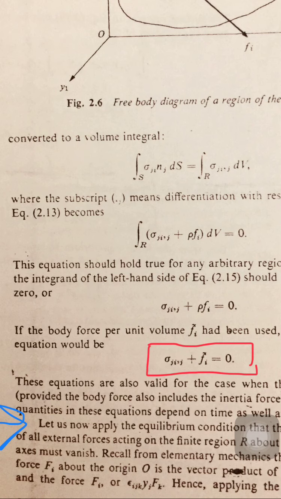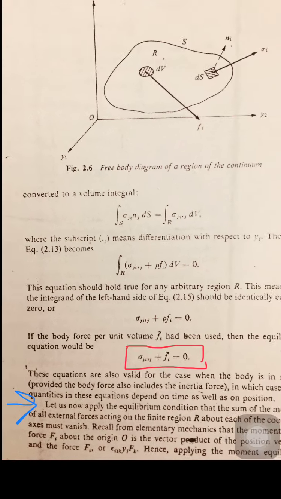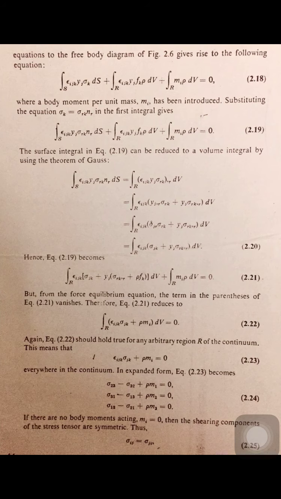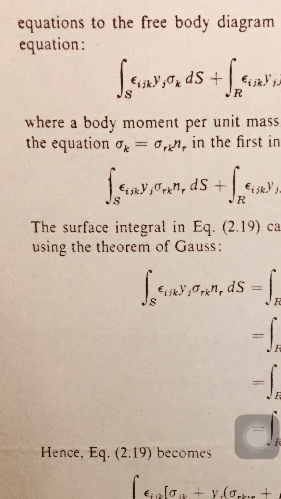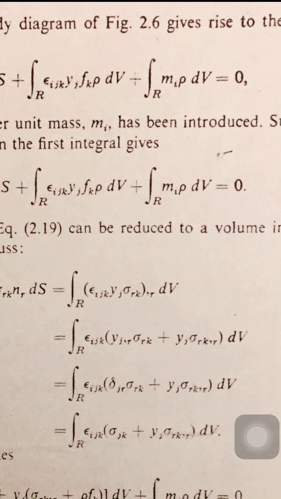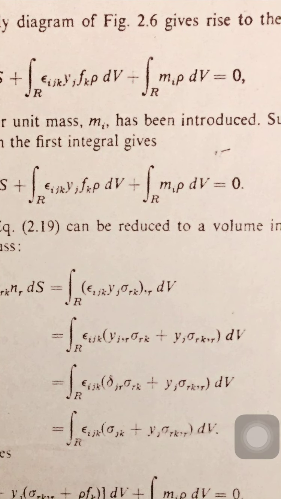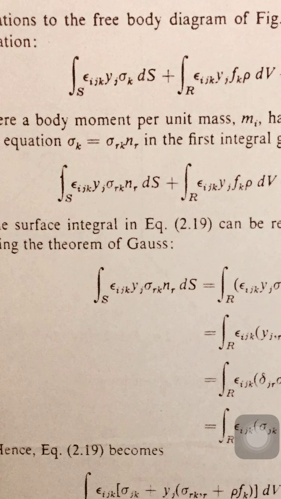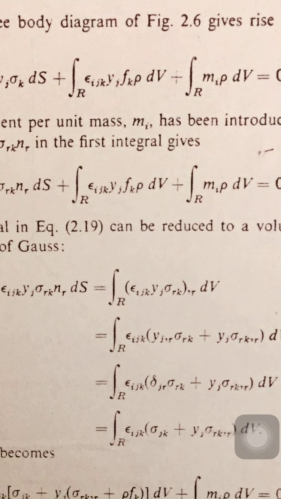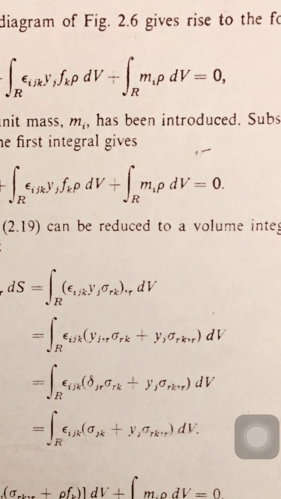About the surface and about the region, we have considered them on the next page. So these are the three parts. First is the surface part. In the surface, all the moments about external forces: first part, surface forces, epsilon_lm ijk yj sigma k ds over the surface S. Second, for the region, epsilon_lm ijk yj fk rho dv, and third for the couple, mi rho dv.